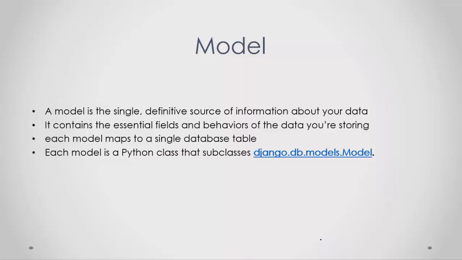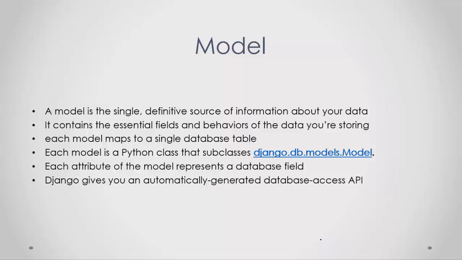Each model is a Python class that is a subclass of django.db.models.Model. I'll show you this when we write our model in our project. Each attribute in this model represents a database field. Django gives you an automatically generated database access API.